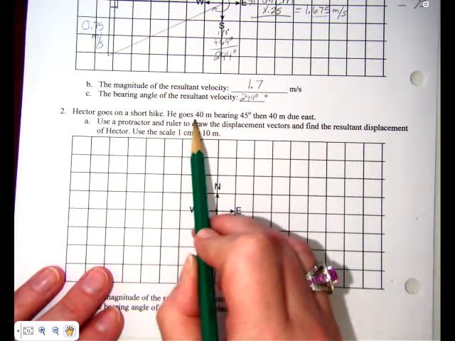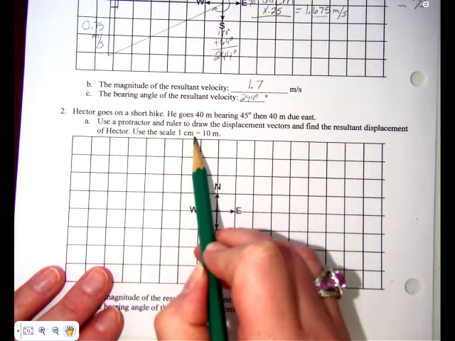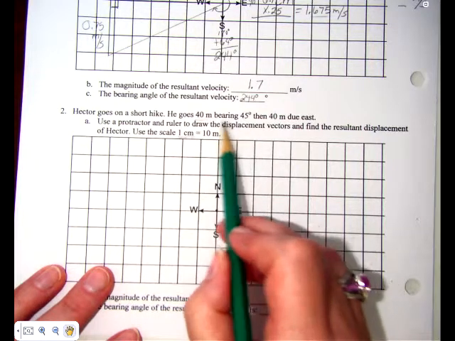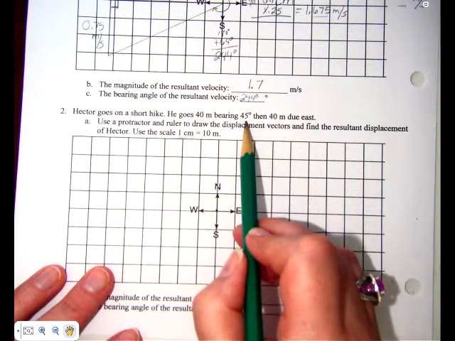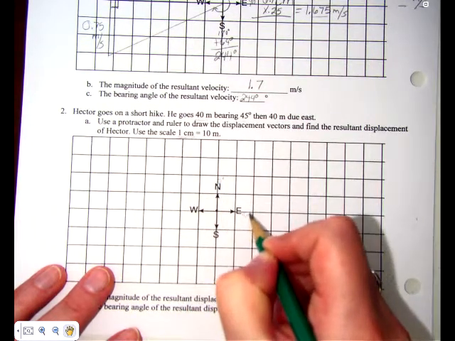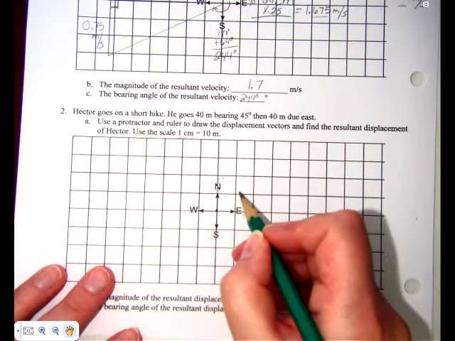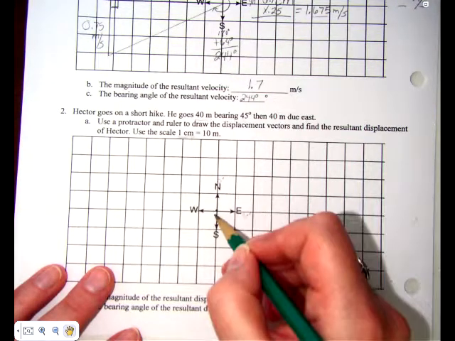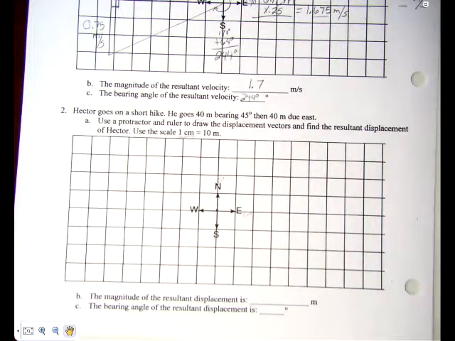Okay, so Hector goes 40 meters, and on our scale, he's going to go 4 centimeters, but he's bearing at a 45 degree angle. So this is our 0, this is our 90. Well, we know it's halfway in between, but we're not going to just draw a line halfway between, even though we might be pretty good at it.